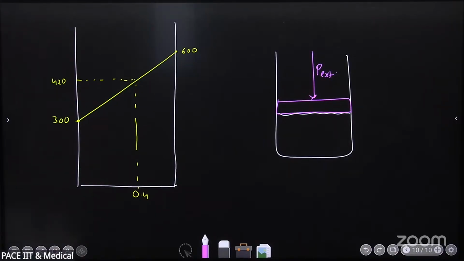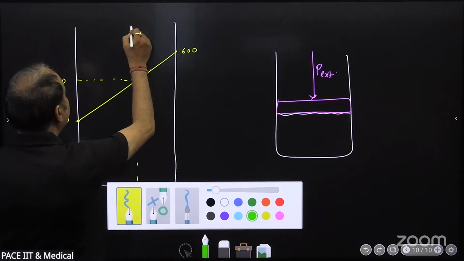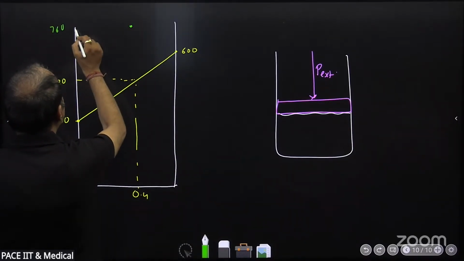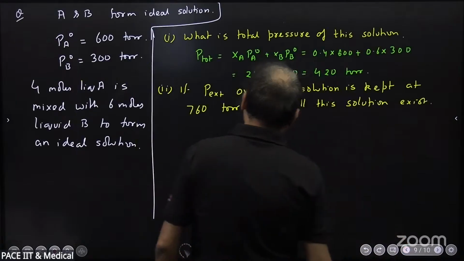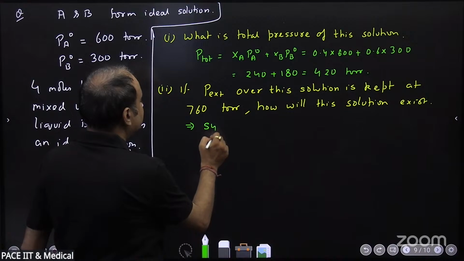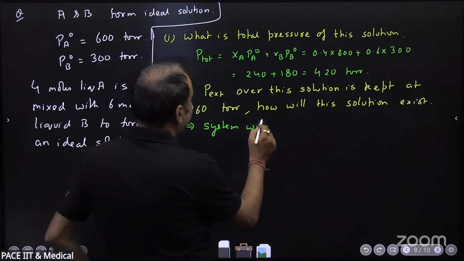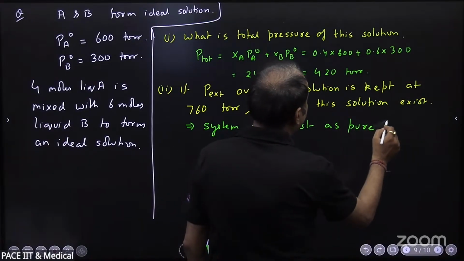So now this pressure can only be balanced by the normal force applied by the liquid surface. So the piston has to be in contact with the liquid surface. So in this graph, where are we? We are currently somewhere here, corresponding to 760 pressure. And what I said, if we are above the yellow line, then what will happen? Above the yellow line, the system will exist as pure liquid.